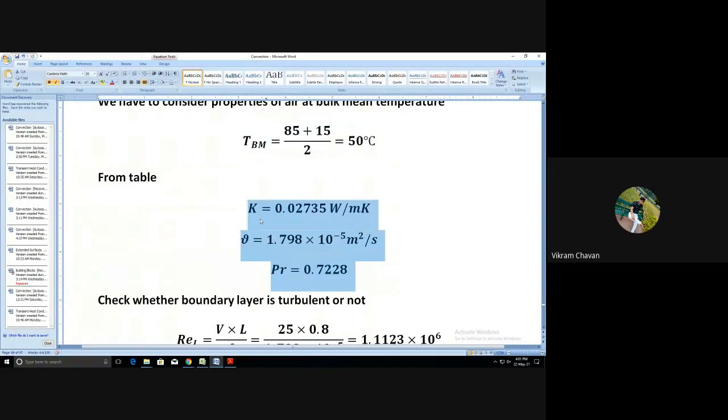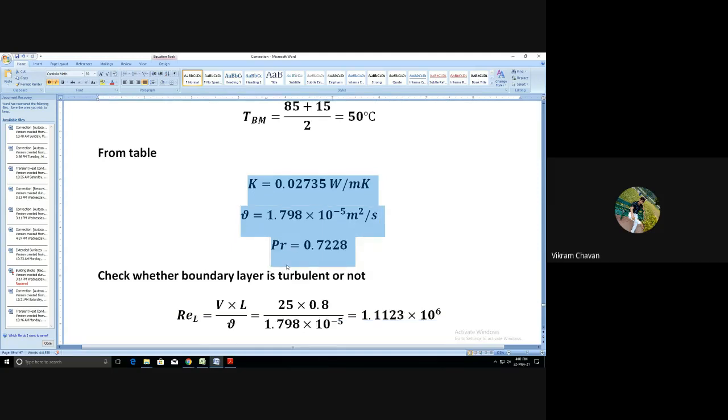First one is thermal conductivity K, which is equal to 0.02735 watt per meter Kelvin. Then kinematic viscosity, nu, which is provided as 1.798 into 10 raised to minus 5 meter square per second. And the last one is the Prandtl number, which is equal to 0.7228.